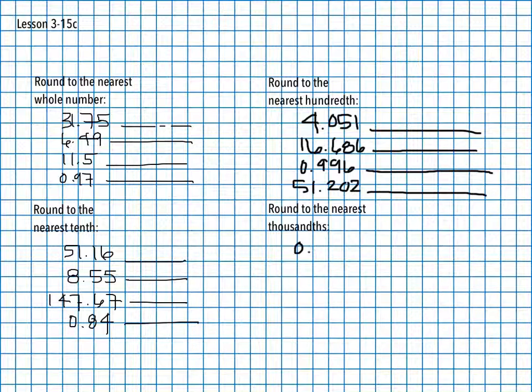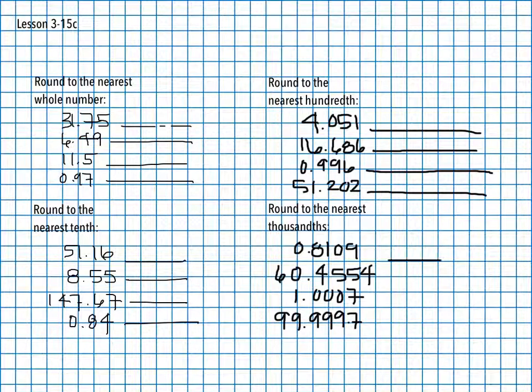We have 0.8109. We have 60.4554, and 1.0007, and then finally we have 99 and 9,997 ten thousandths. So please pause the video and then round, and then restart the video, check and see how you did.